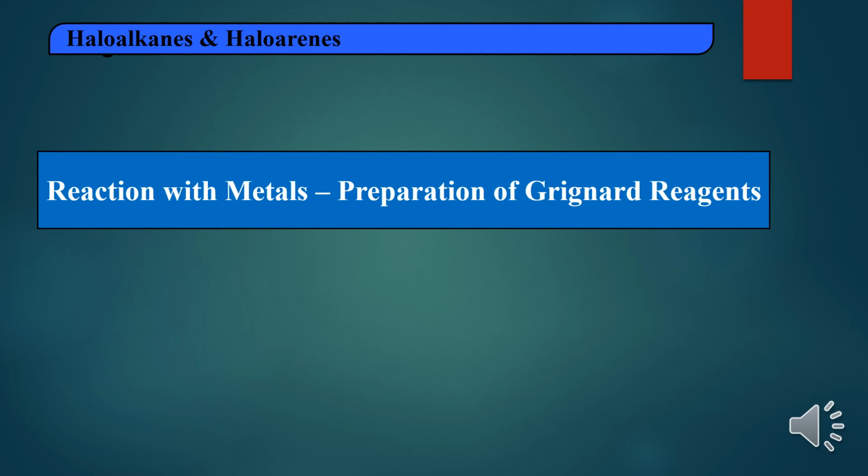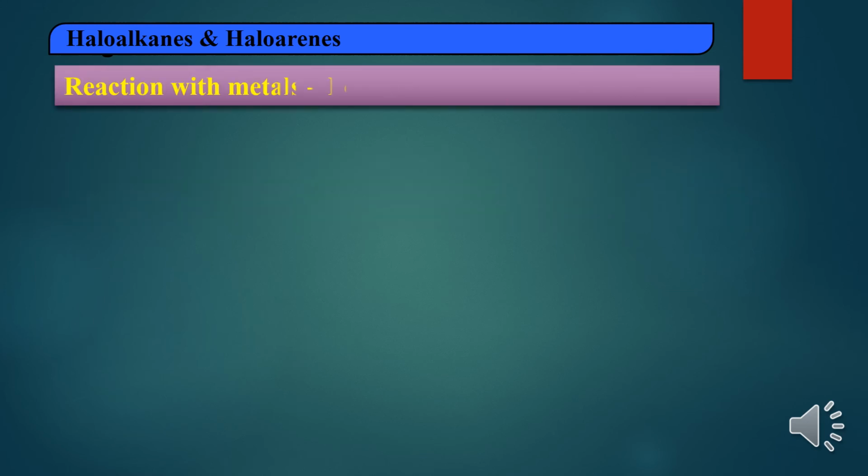Then next one, reaction with metals, that is preparation of Grignard reagent. Some reactions of metals we will study, and preparation of Grignard reagent also. First I will move with reaction with metals, that is the formation of Grignard reagent.